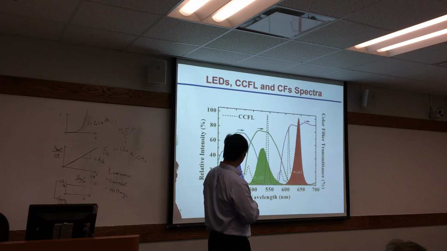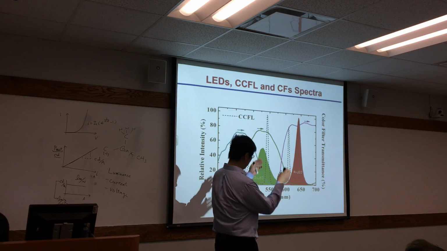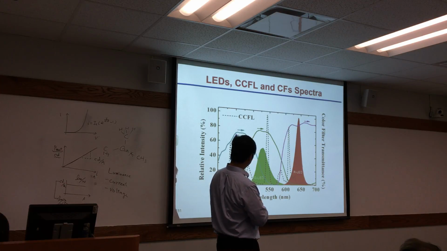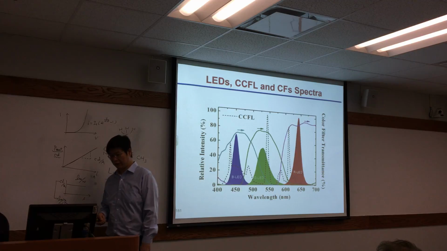On the other hand, if we use a blue LED, green LED, and red LED, then their full width at half maximum is even smaller than the color filter, so they can provide high color purity.